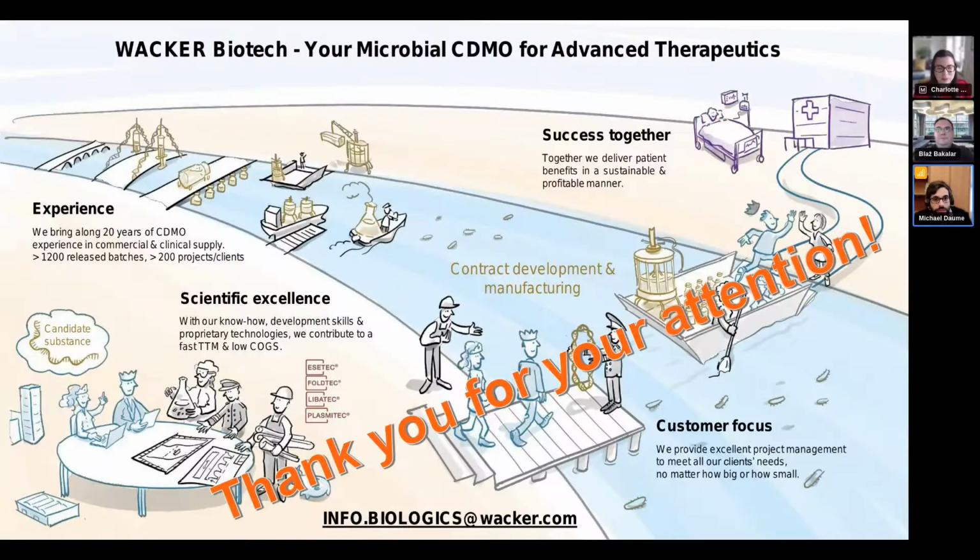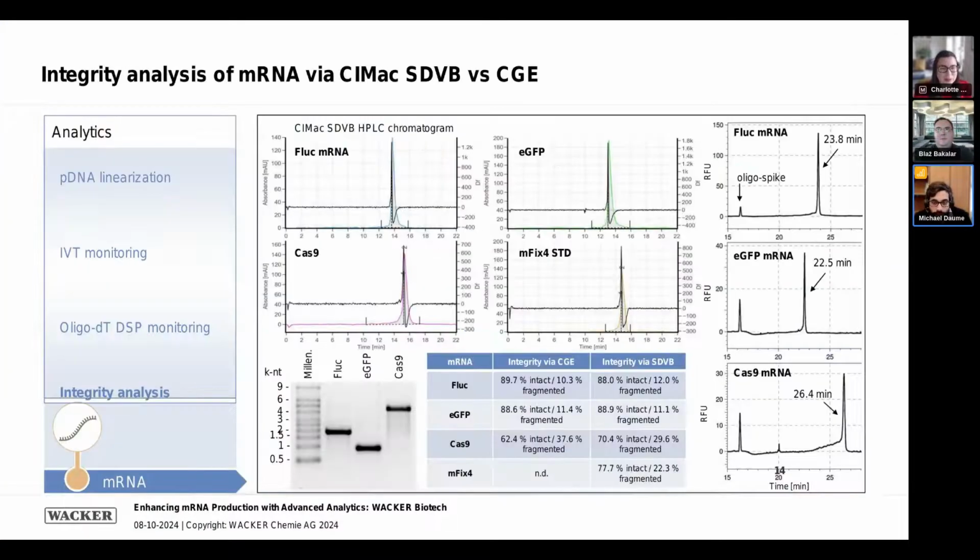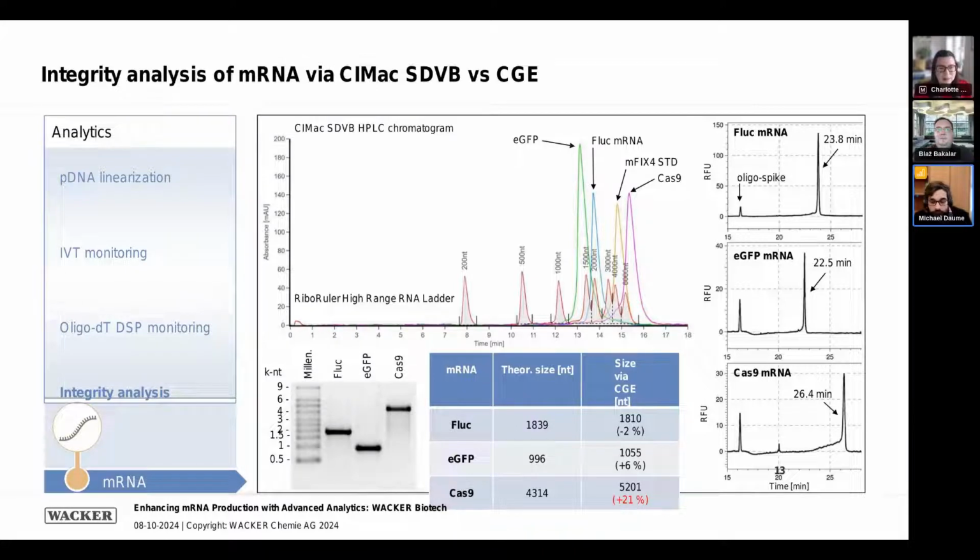First question I've got here: why is mRNA size determination not possible on the SDVB column when RNA can be separated by size? Michael. Let me quickly share these slides again. The SDVB chromatography is an ion pair reverse phase chromatography, so it is denaturing.